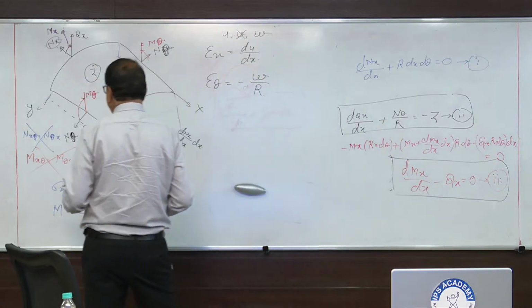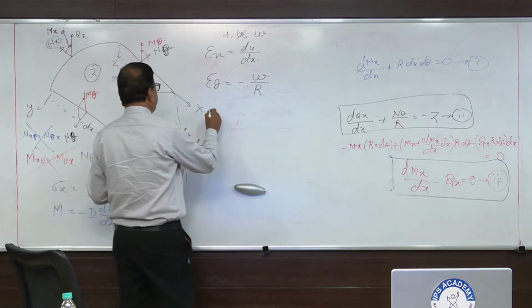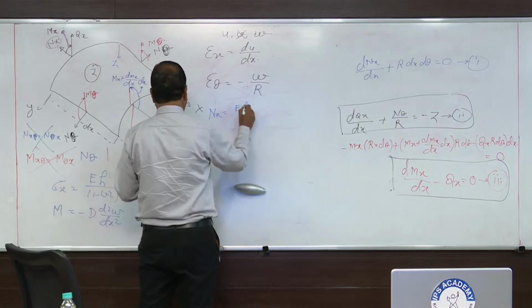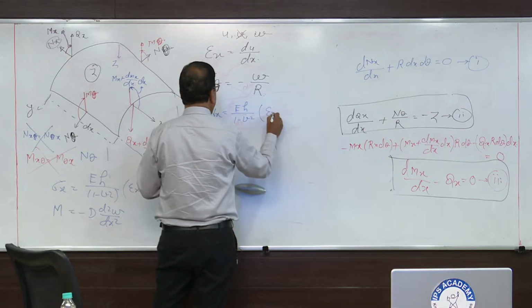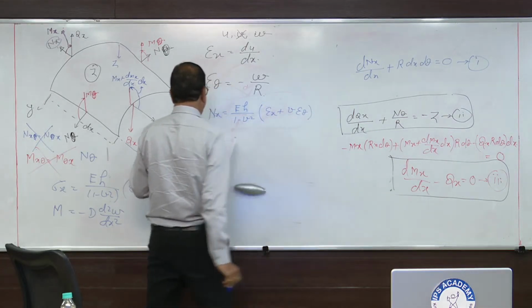Now, instead of sigma x, we can use Nx. Ex, E theta, simple.